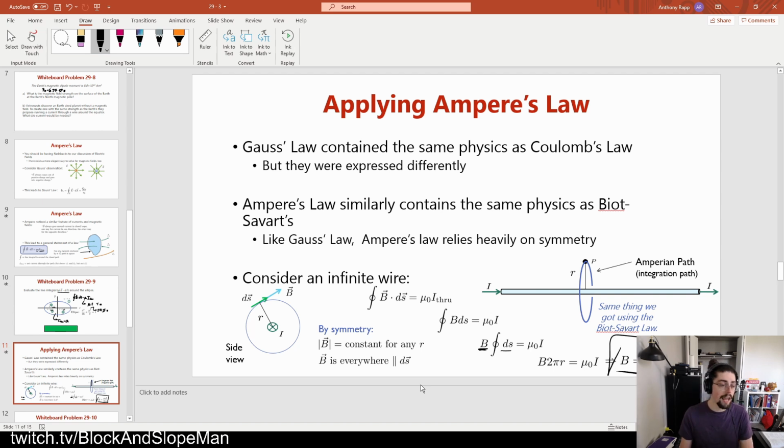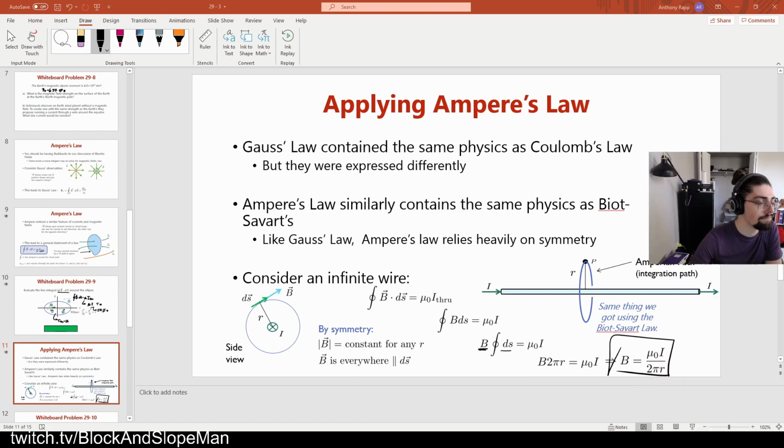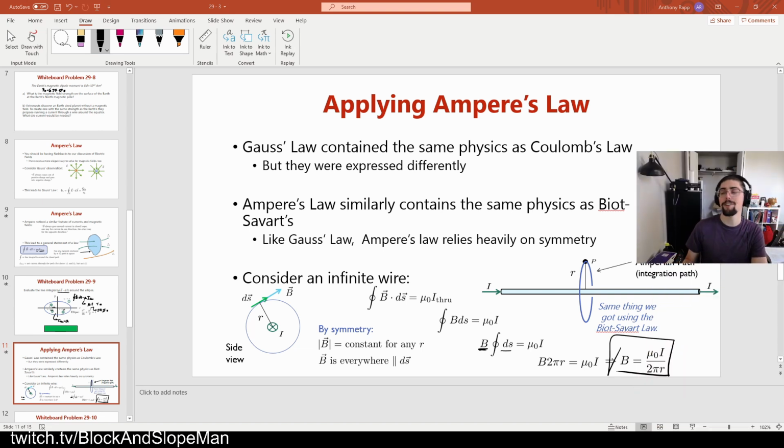We have recreated the magnetic field that we solved out for when we had done this thing using an actual integral. But now, without the actual integral, right? Let's be real. This was not an integral. This was geometry.